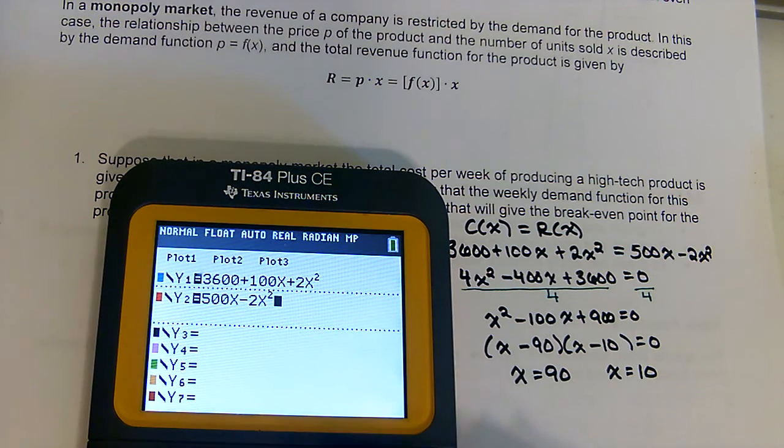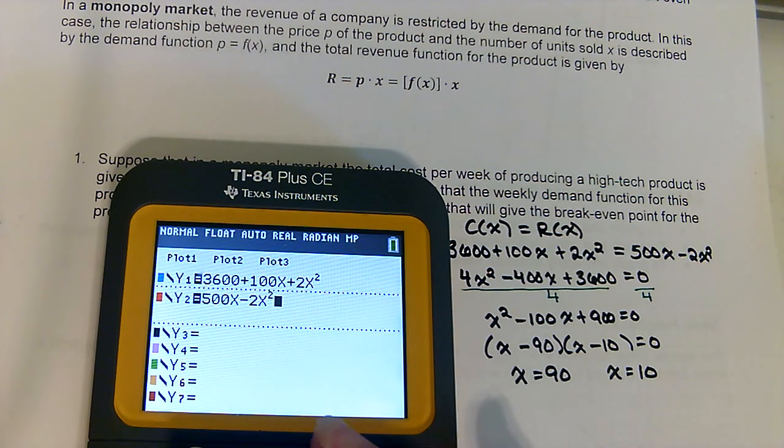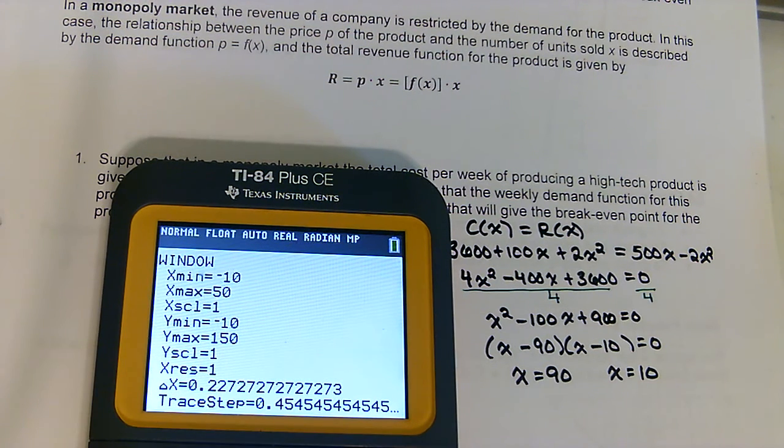If you were doing this yourself, you would have to play with the window. But I know we can't have products under 0, and by doing this, I know I'm going to need at least 90. So I'm going to go way past that because I want to see a good picture. I'm going to go like 150 there.